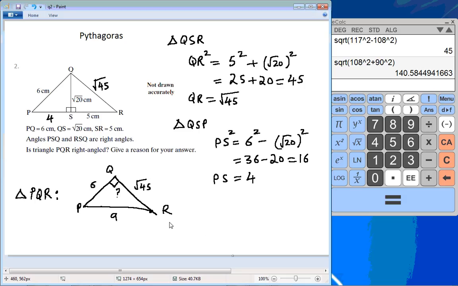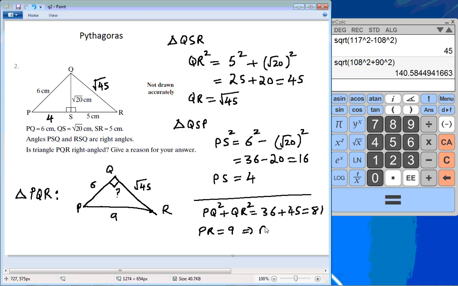So we work out PQ squared plus QR squared. So PQ squared is going to be 36. Then QR squared is going to be just 45. And these add up to 81. Then PR equal to 9.